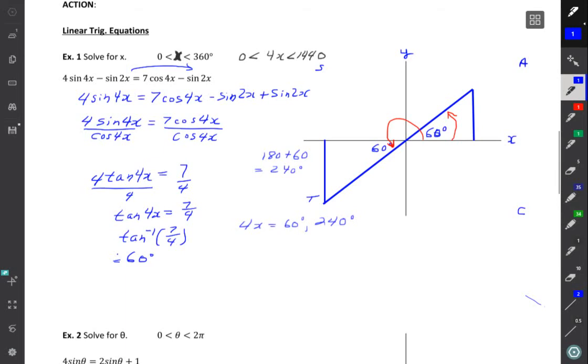Now remember that as we continue to rotate, for each of these terminal arms, the next value is 360 degrees away. So what I really only have to do here is simply carry on and keep adding 360 to each of those.